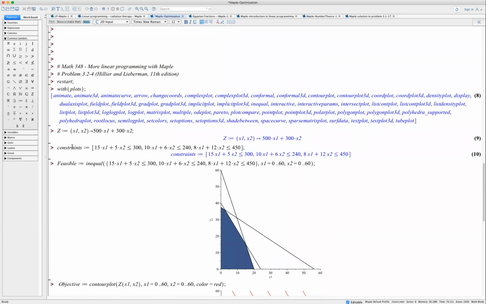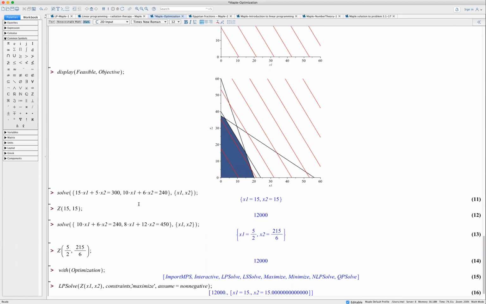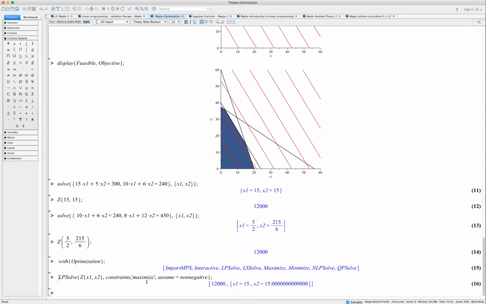Here I created this set of constraints. It's these 3 inequalities in the square brackets. Do I want to minimize or maximize the objective function relative to the constraints? I want to maximize it. And assume equals nonnegative means I'm only going to look for non-negative values. So when I hit enter, I get 12,000 as the maximum value, and one point at which it occurs is 15, 15.